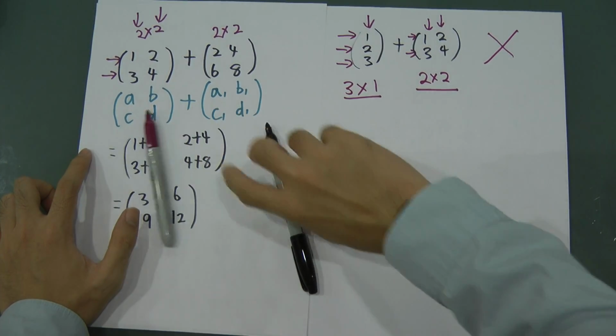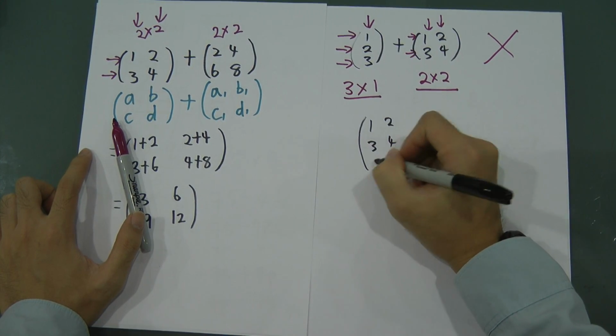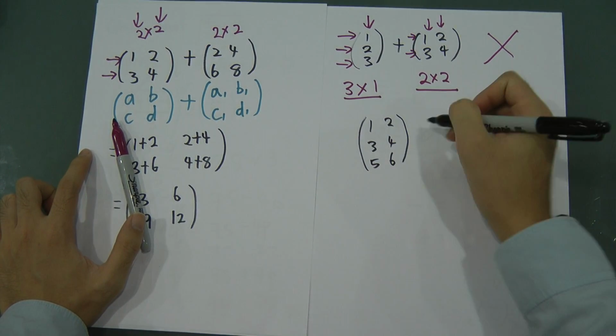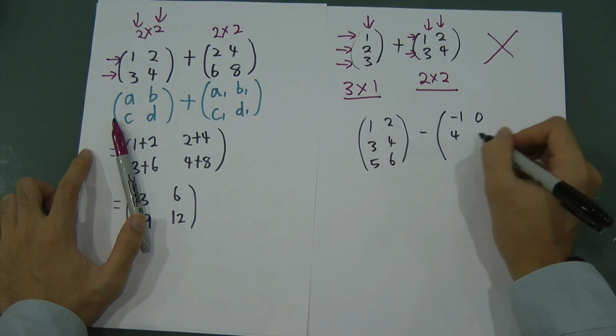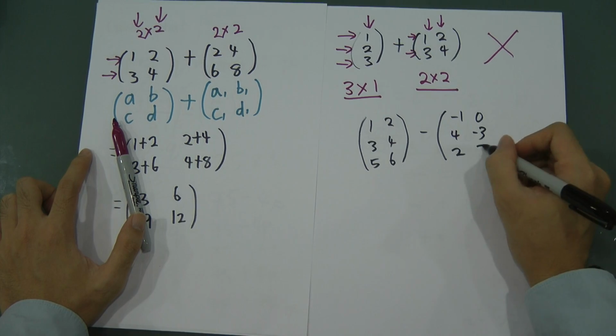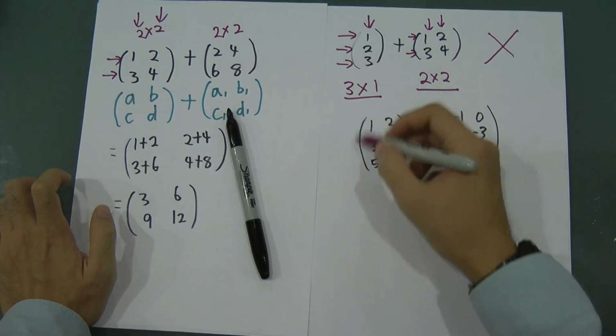Okay, for example, you have something like this: 1, 2, 3, 4, 5, 6 minus negative 1, 0, 4, negative 3, 2, 7. What is the order for this matrix?